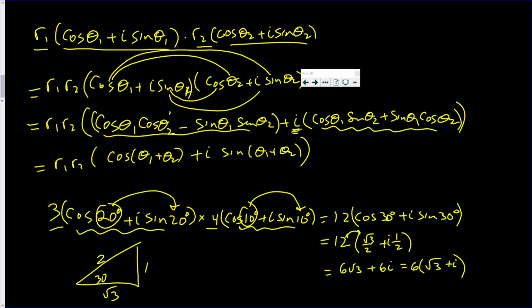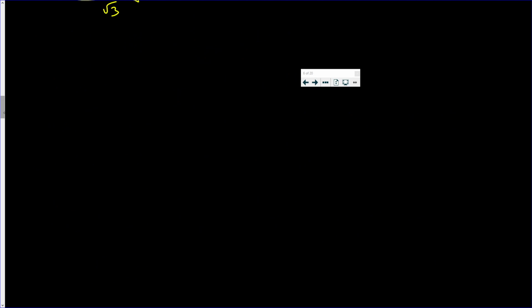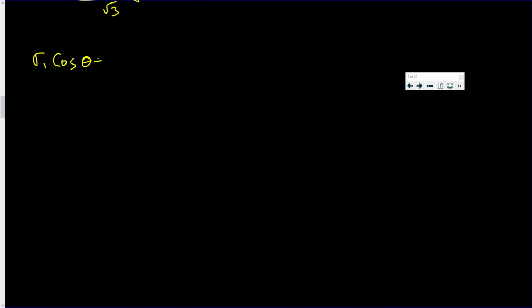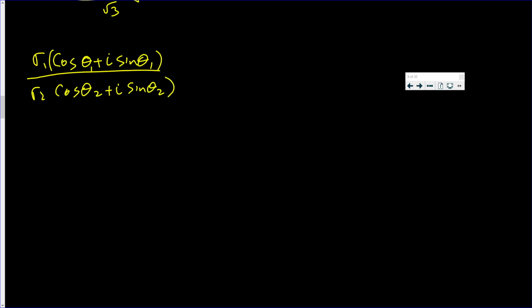What about division? What's going to happen with division? What if we have r1 times cosine theta 1 plus i sine theta 1, and we divide this by r2 times cosine theta 2 plus i times sine theta 2?